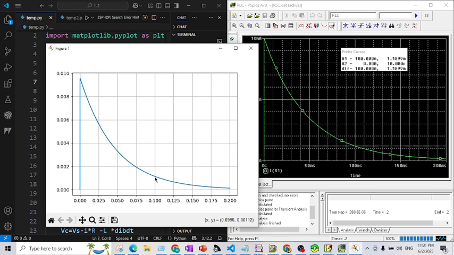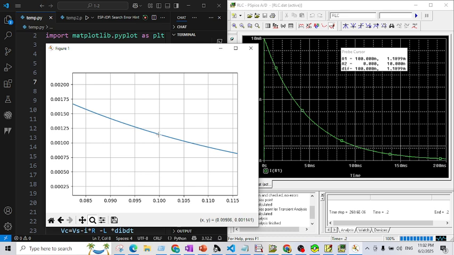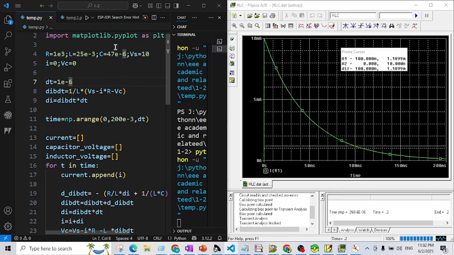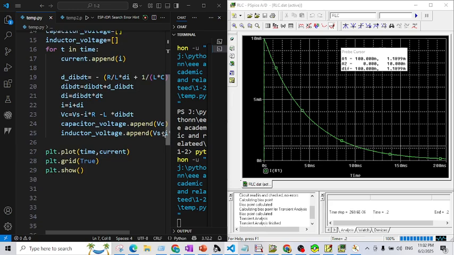Now at 100 millisecond, yes, it's right. So the moral of the story is we have to take a smaller dt.